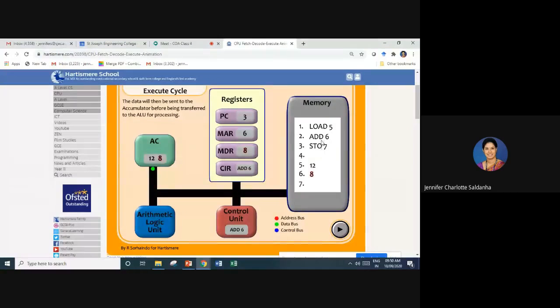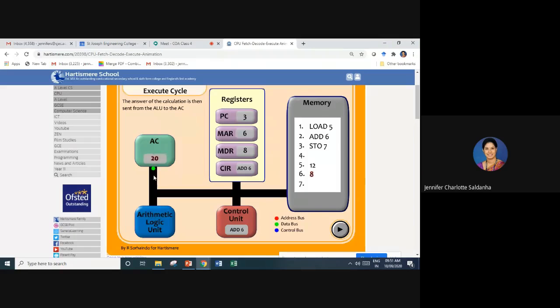Now, the second instruction's execution is not yet completed. It has just transferred, right? The operation is add. Just the second operand is loaded. Now, further continue the operation. The arithmetic and logical unit will receive the add control signal from the control unit, which is not indicated here, but okay.